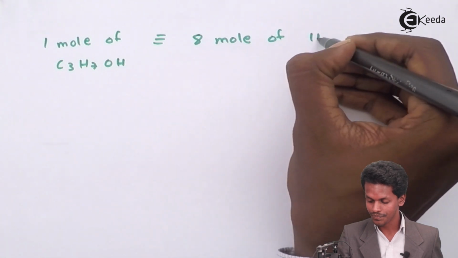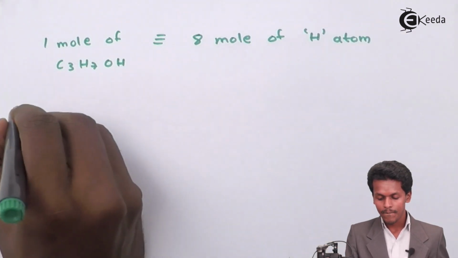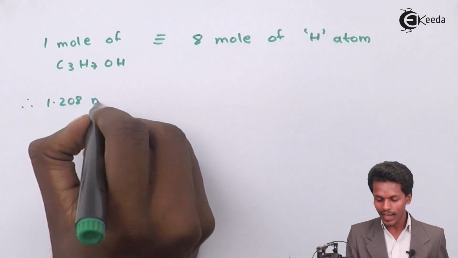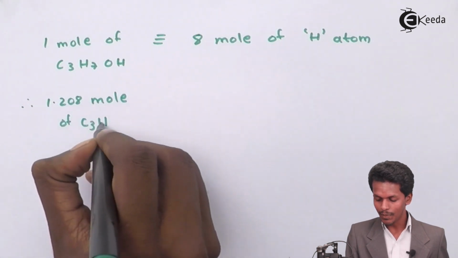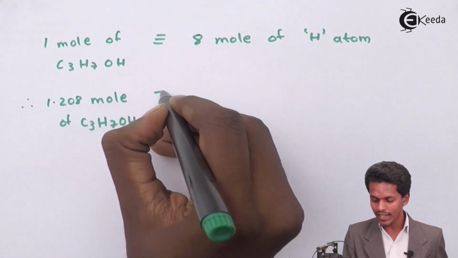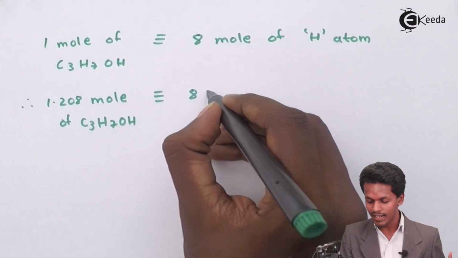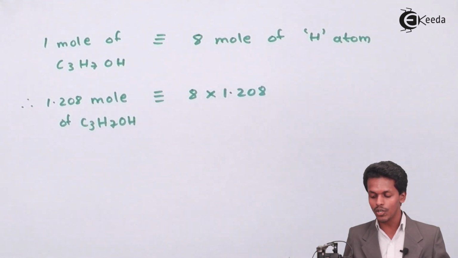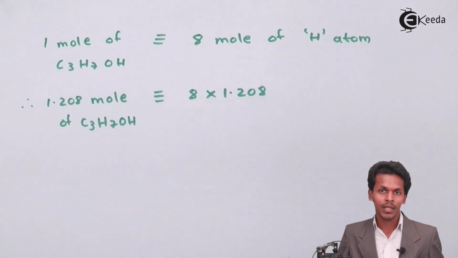So 1.208 mole of isopropanol will contain 8 into 1.208 moles of hydrogen atoms.